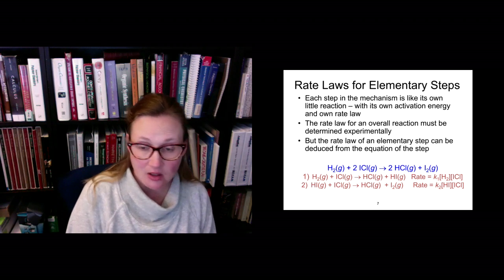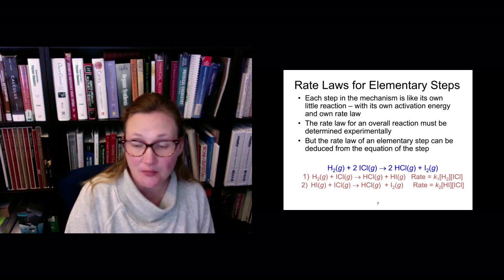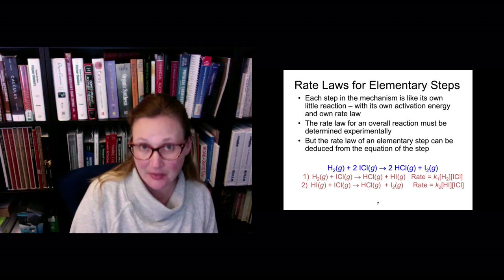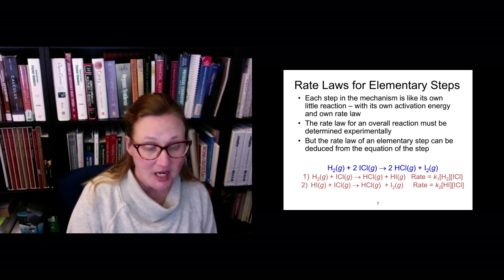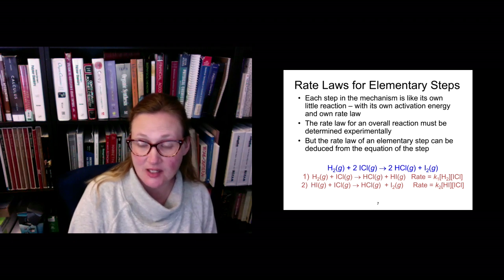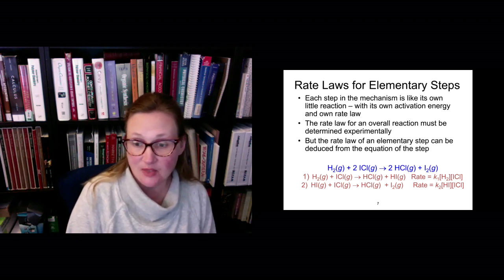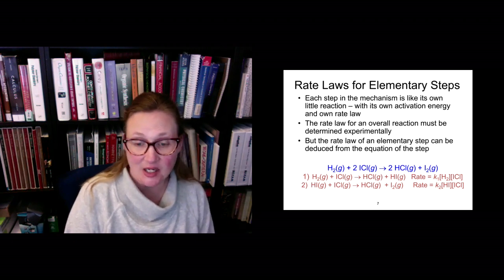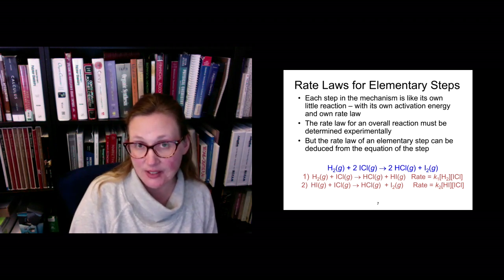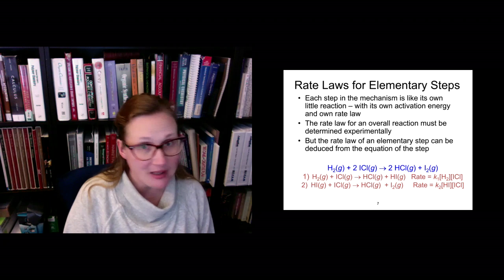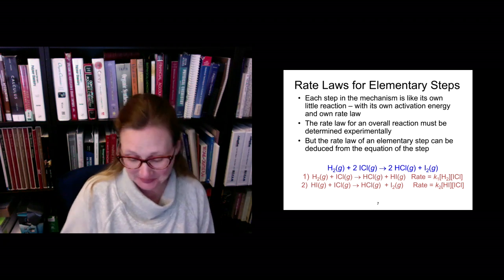So I can say here that the rate is equal to k1 times [H2] times [ICl]. That's the first step. The second step is also bimolecular because I have two molecules. So I say rate is equal to k2 times the concentration of HI times [ICl]. So that's the rate associated with each of the elementary steps, not the rate law overall.